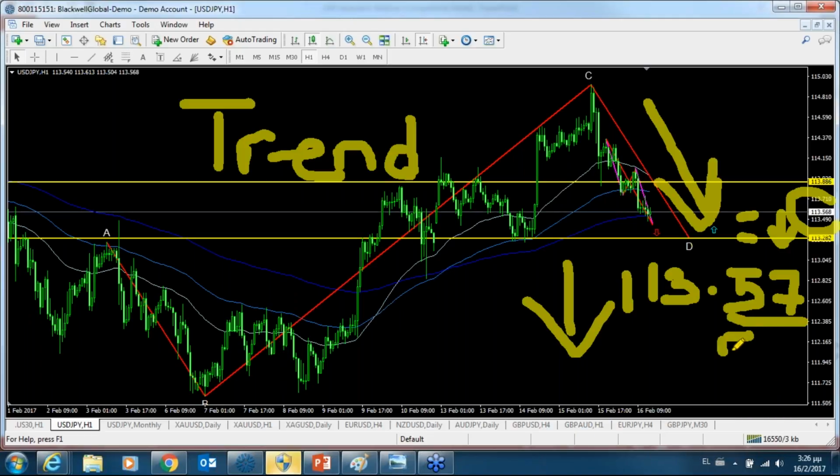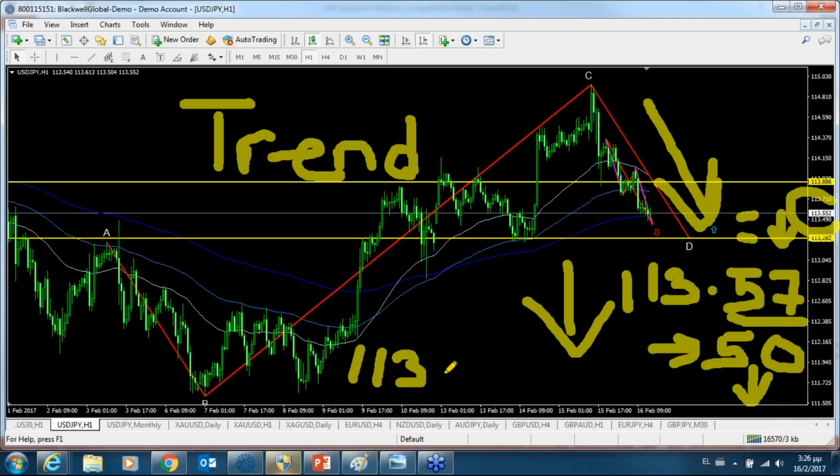Closest to the last two digits is 50. Now this is not a good place to buy or sell. So if you are looking into selling, then you want it lower than 50, at least by 10 pips. That gives you 40. So 113.40 would be then your probable or ideal entry price for you at that time, because you're looking at price actions based on psychological numbers, let's say, right?